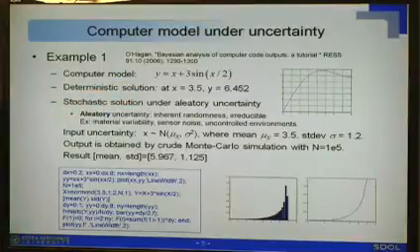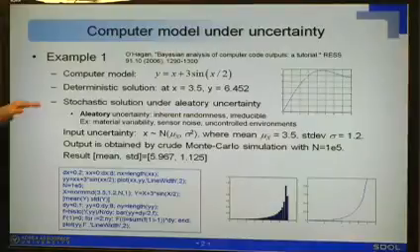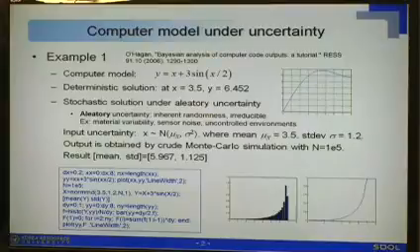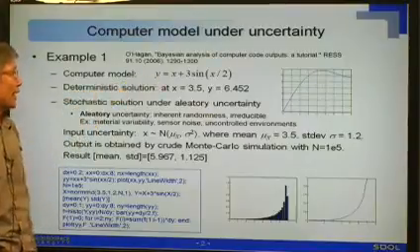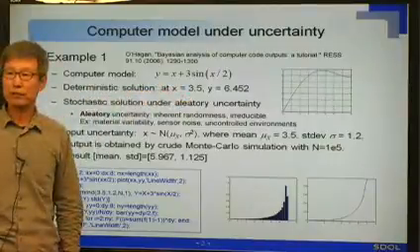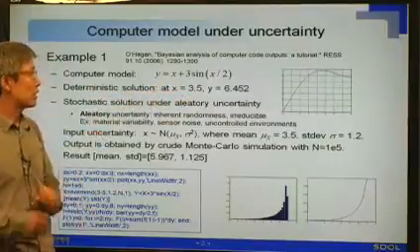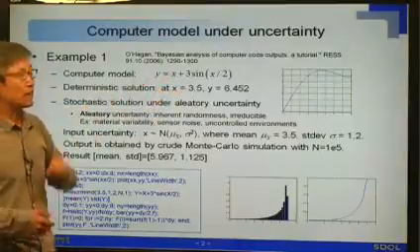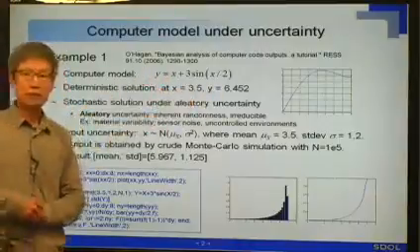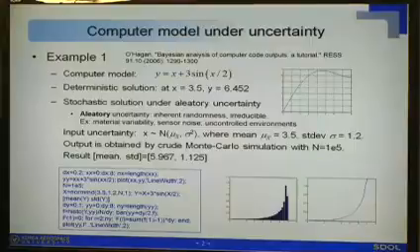Using this function, what I consider is, at first, the deterministic case. Very easy. We would like to get the output, or y, at this point, 3.5. Put here and get the output, and the result is 6.45.